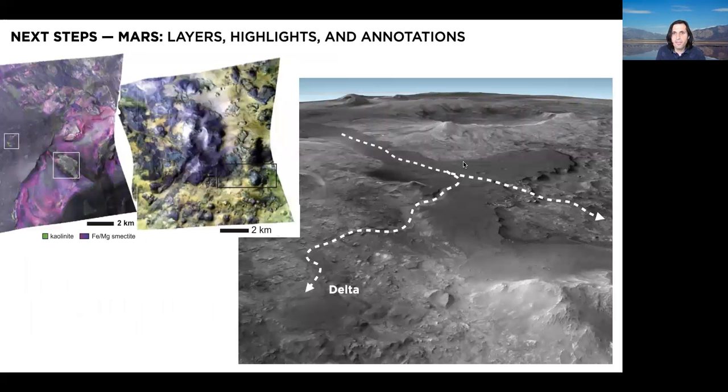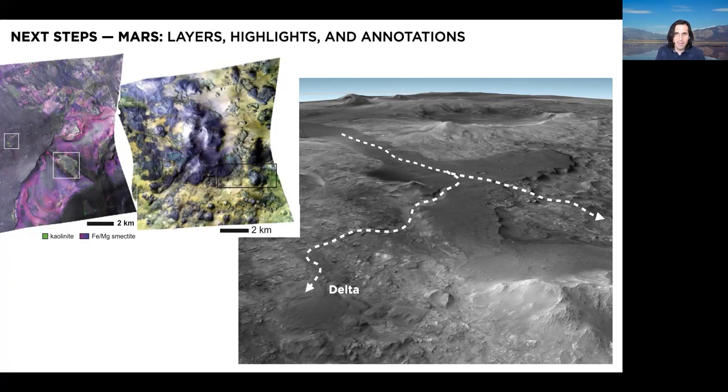So on the viewer, other next steps that are really highlighted by where we are with the current application are adding different map layers, being able to pull out CRISM, for example, and say, these are the mineral detections that we're using to say that this boring looking basement is actually one of the most interesting places on Mars.